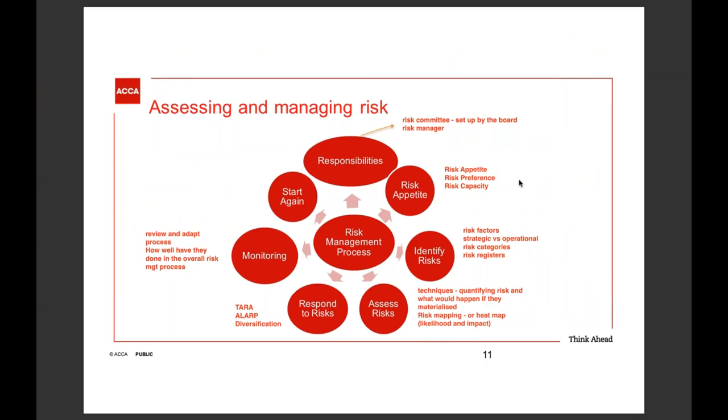So when you say that you're embedding risk in your processes, your procedures, your values, and your culture, having a risk management process taking place in an organization is considered as embedding risk. In the risk management process, you will have people who are responsible.